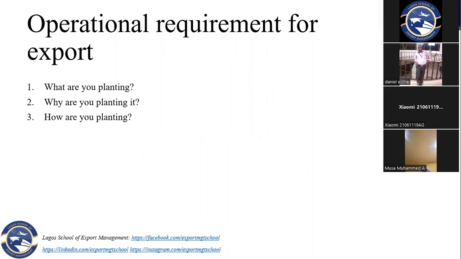So one way to deal with things like this is to research specifications early, before going into a focused crop or a focused plant that you want to grow on your farm for export.